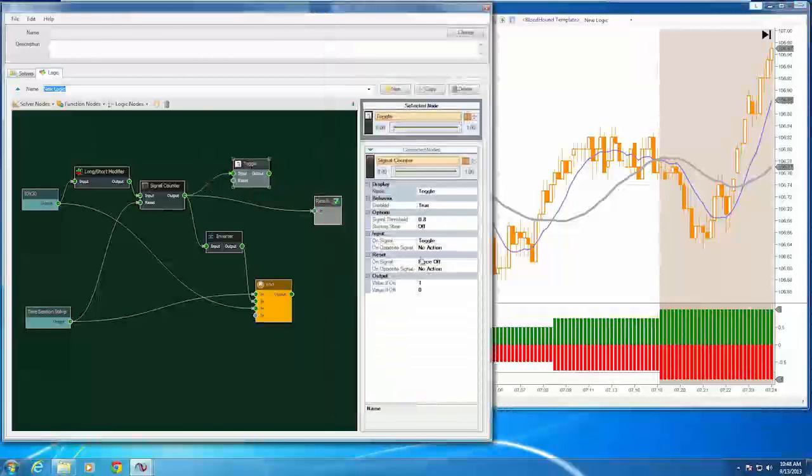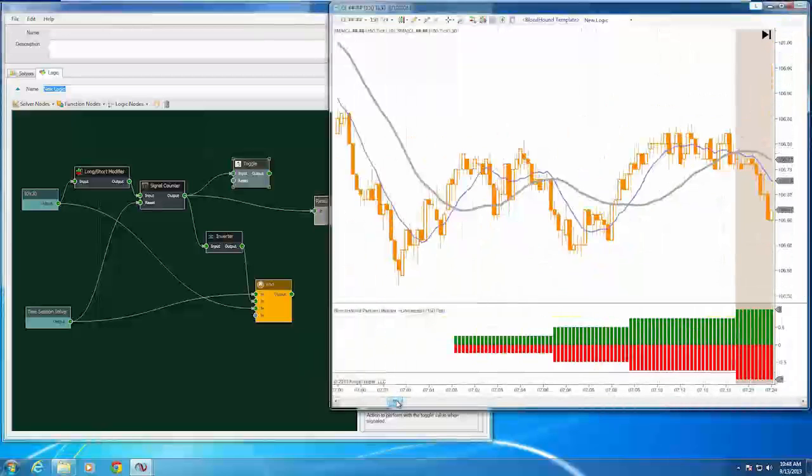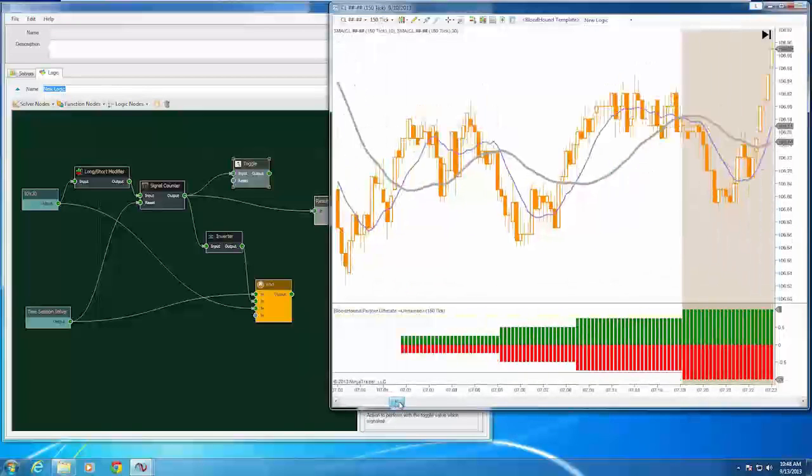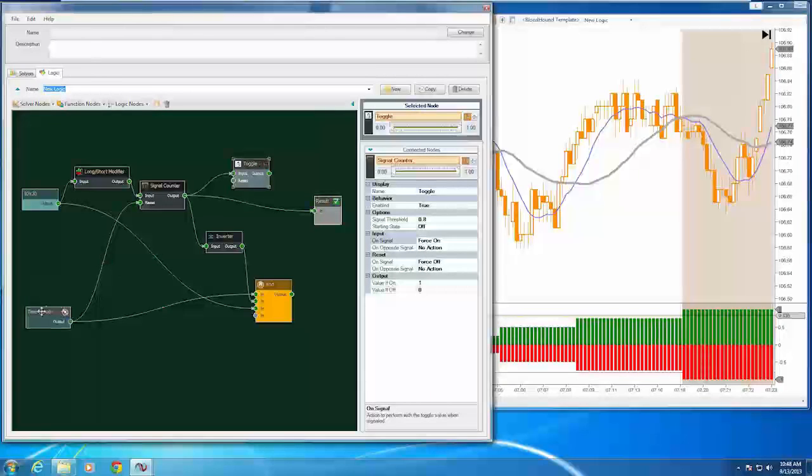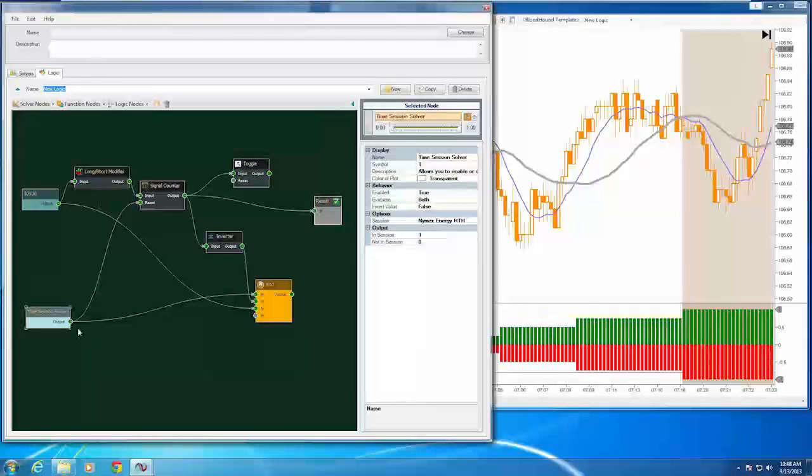So to do that, on this signal coming in, it's basically saying when a signal comes in, toggle it, which is not what I want. I want to force it on. Then, the same idea with the toggle, I want to anchor it at the beginning of the session here at 7 o'clock, and I want to reset the toggle so that it shuts off when this time session is not in effect.